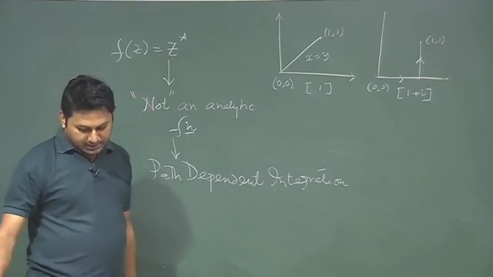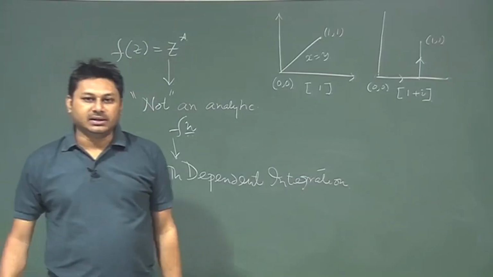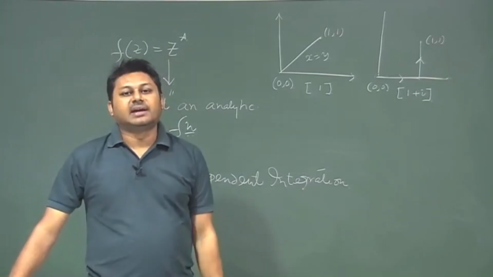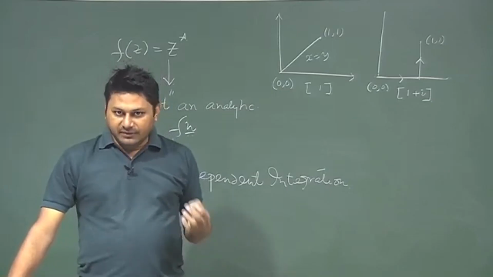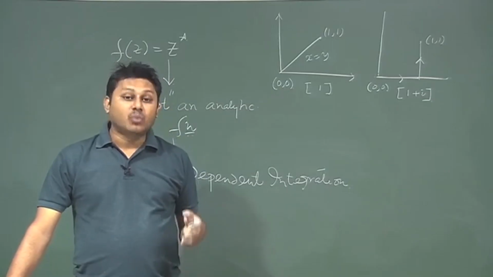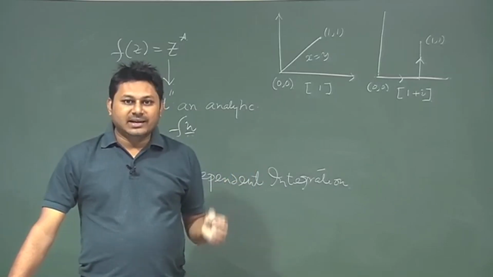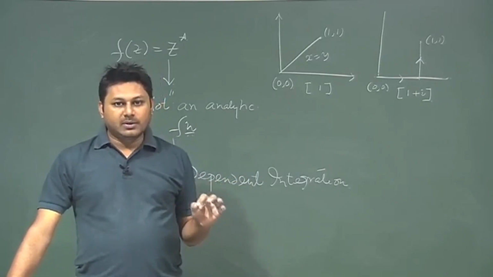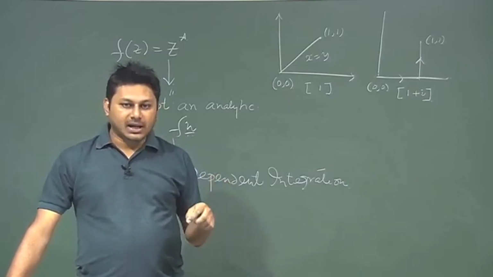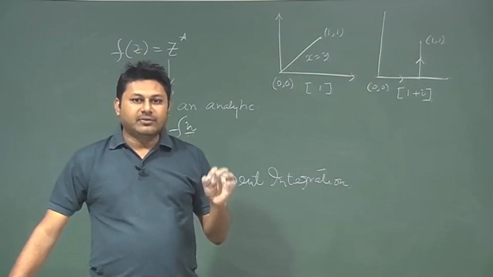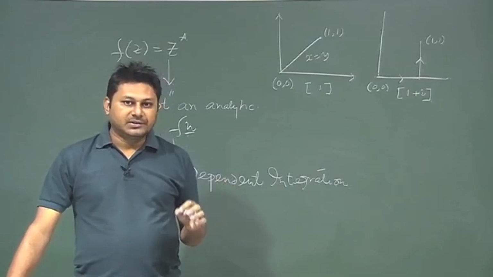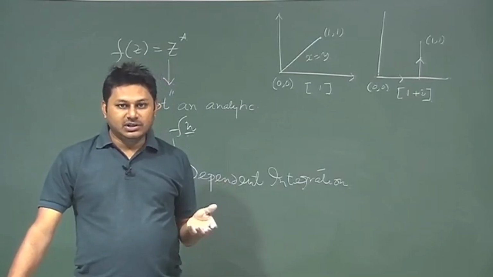So, today we will learn a very important thing. The first thing is that if the given function is analytic and I want to integrate over some given contour, I should not bother about the contour, the line, rather the initial and final value is important, because the integration depends entirely on the initial and final value.